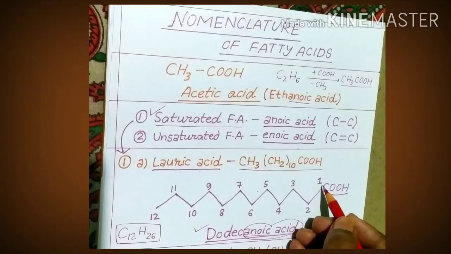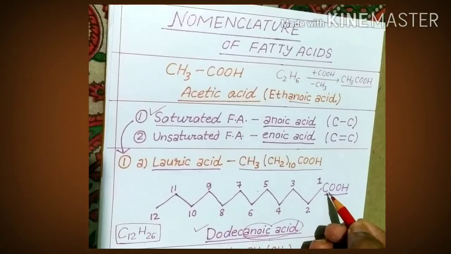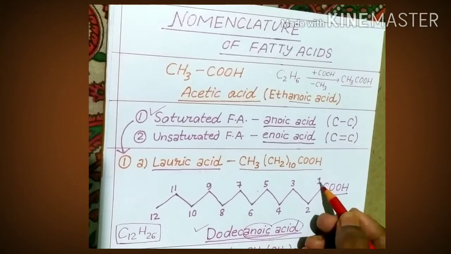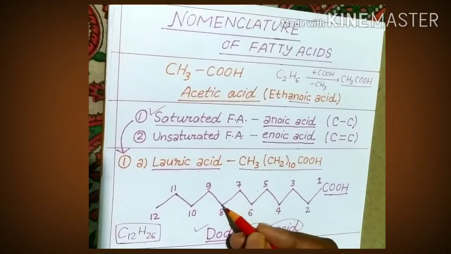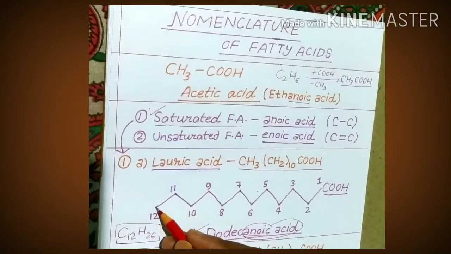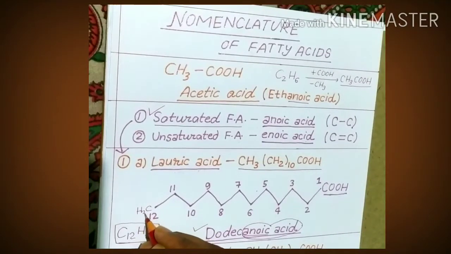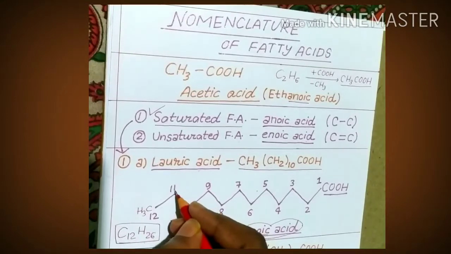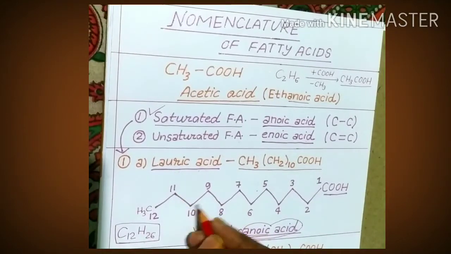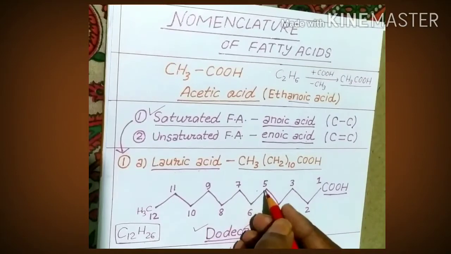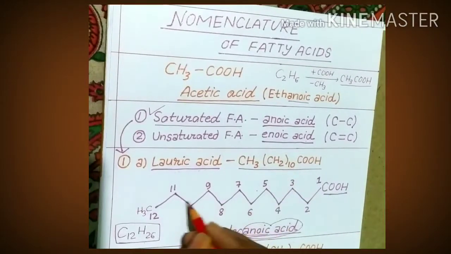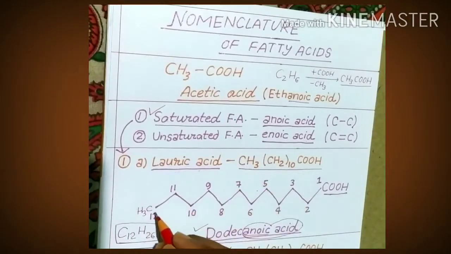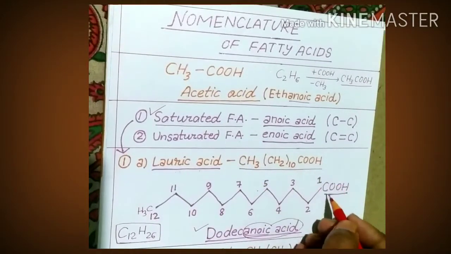The numbering is done from the carboxylic carbon: 1, 2, 3, 4, 5, 6, 7, 8, 9, 10, 11, 12. Here it is the CH3 group, and at these points CH2 groups are present. So 10 CH2 groups are there, one methyl group and one carboxylic group.